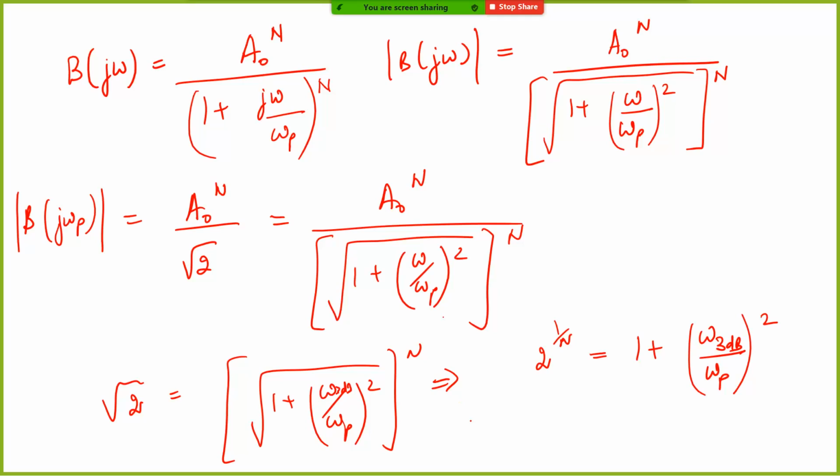So omega 3 dB can be written as omega p times the root of 2 to the power of 1 by n minus 1. Let me just write this expression here: omega 3 dB is equal to omega p root of 2 to the power of 1 by n minus 1.